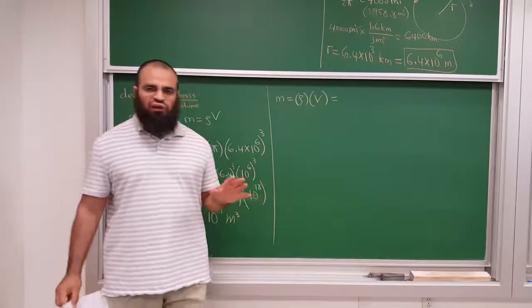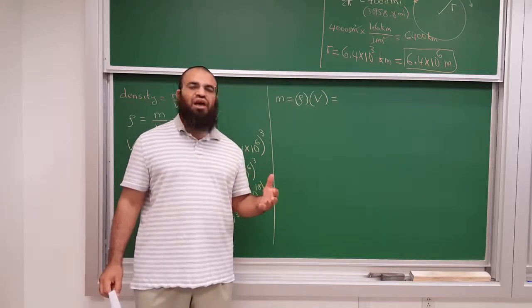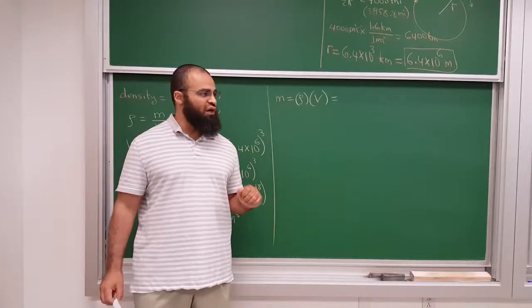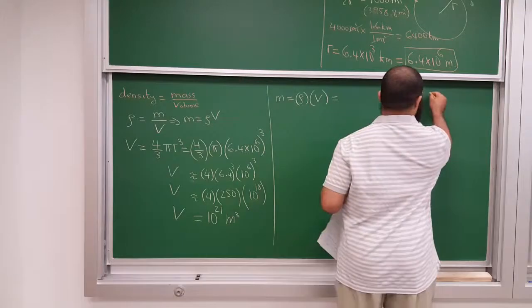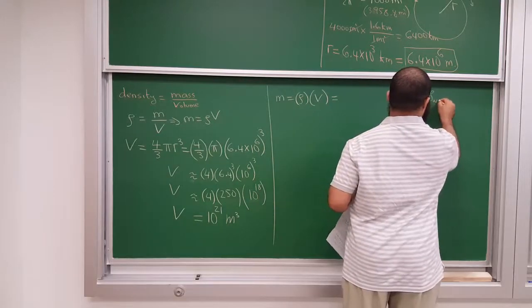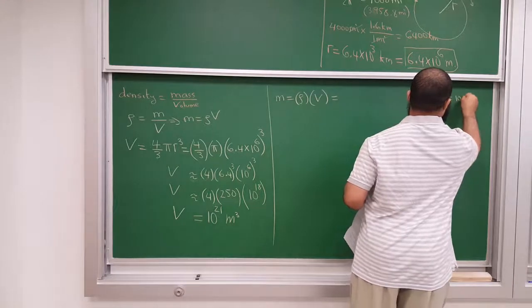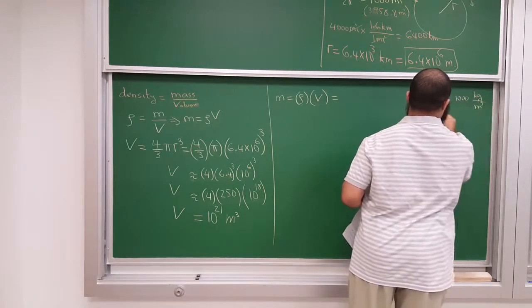Water has a density of 1 gram per cubic centimeter, or 1,000 kilograms per cubic meter. So let me write it here. The density of water is 1,000 kilograms per cubic meter.